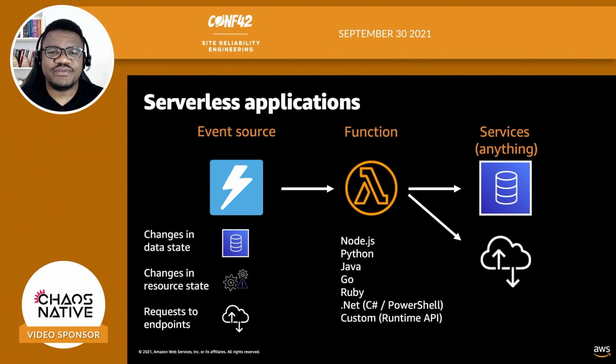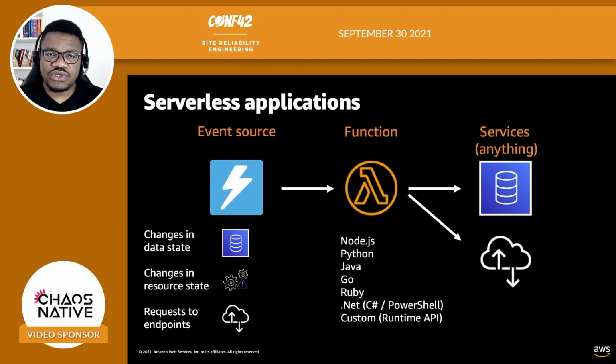When we talk about serverless, we mean an event-driven application. It usually consists of an event source, which generates an event. This can be identifying changes in a data state or changes in a resource state, or it can also be changes in a request endpoint, for example, a REST API. That event triggers a Lambda function.